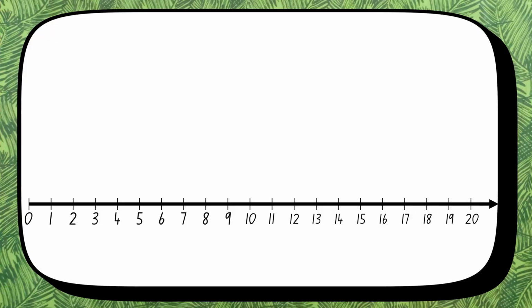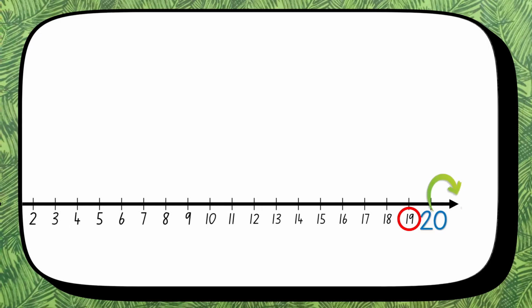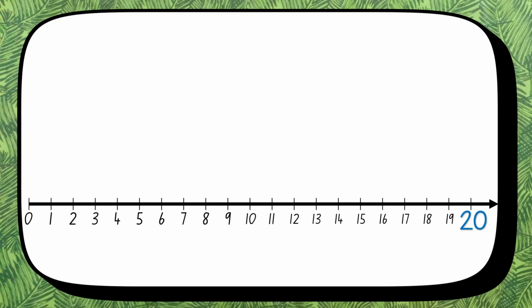Can you spot 20 on the number line? Here it is. What number comes before 20? And what number comes after 20? All right, let's start from 0 and count to 20. Point along with your finger.